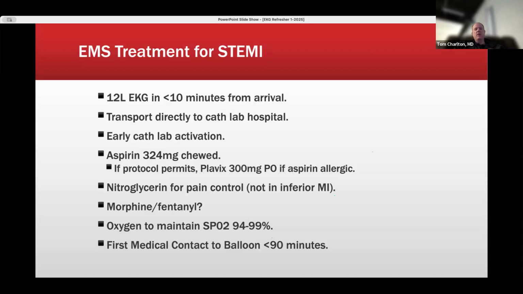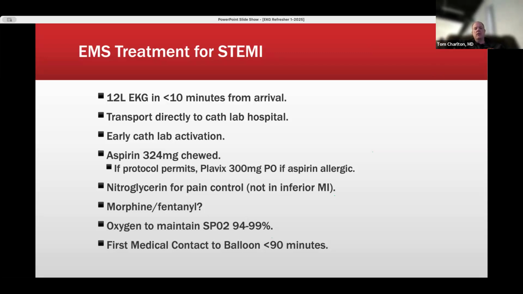We only want to keep their oxygen saturation between 94 and 99%. We don't necessarily need to throw every single person on a non-rebreather. In fact, that can cause the arteries to spasm and make the ST elevations worse. So make sure that you get them to a normal pulse ox, not 100%.